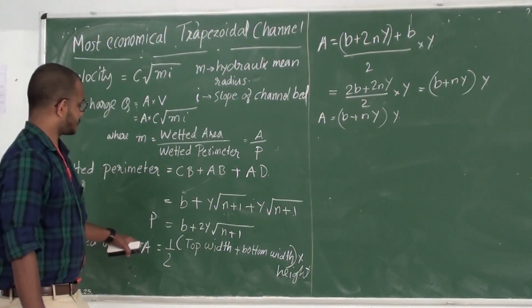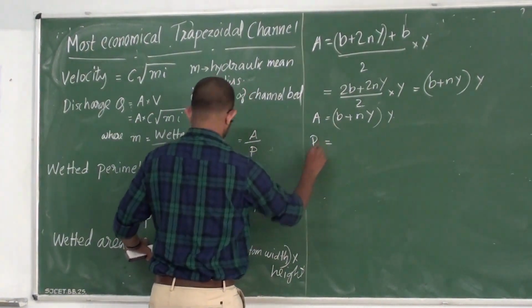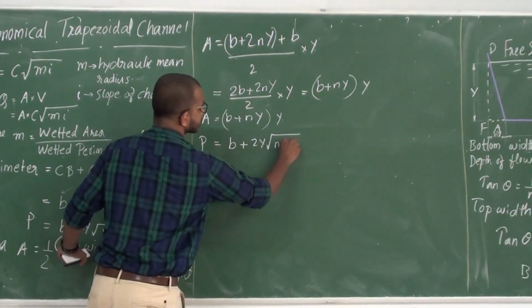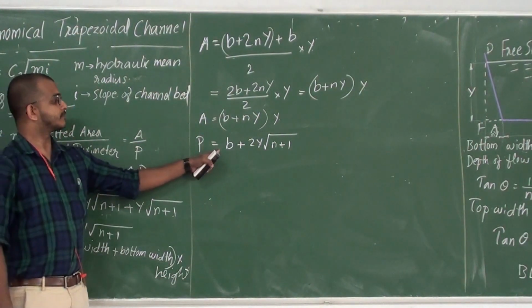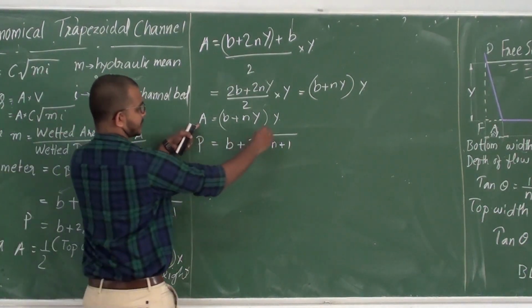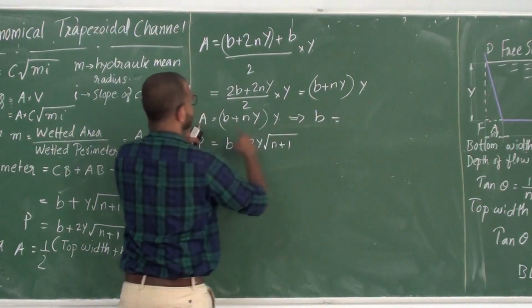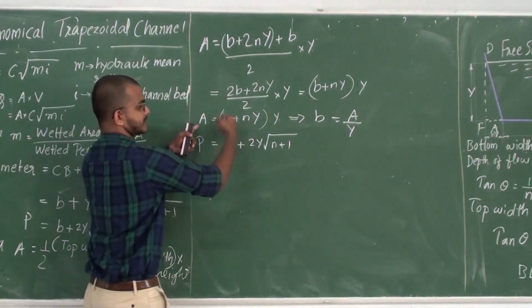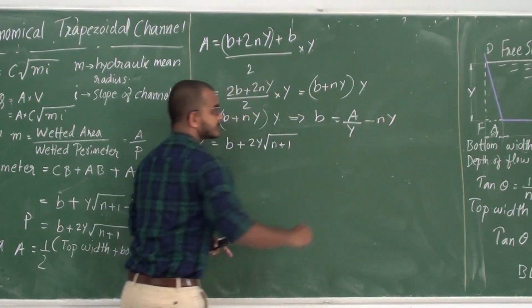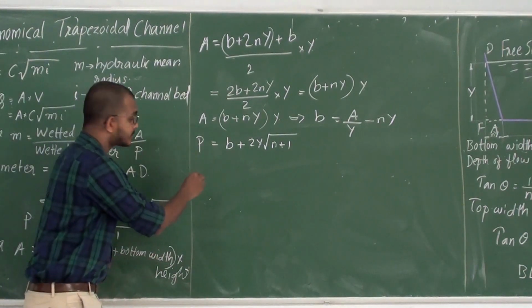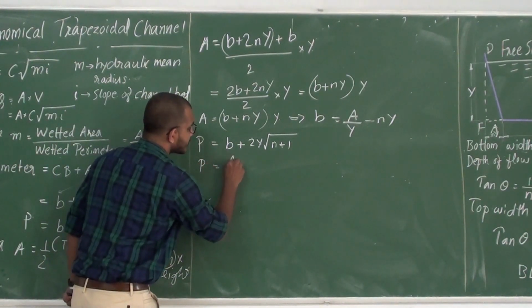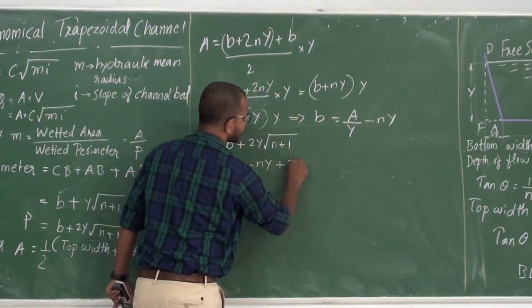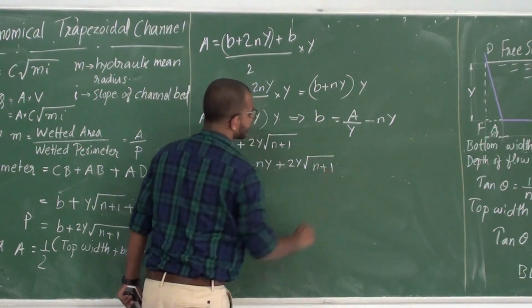So wetted perimeter P is equal to B plus 2Y into square root of N square plus 1. So we can substitute B from this equation of A. So from this equation, B is equal to A by Y minus NY. So let us substitute B in perimeter. So perimeter P is equal to A by Y minus NY plus 2Y into square root of N square plus 1.